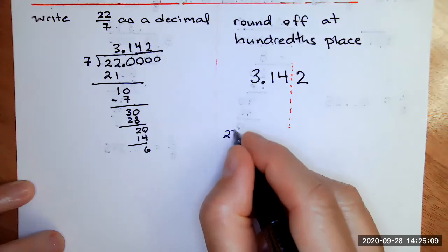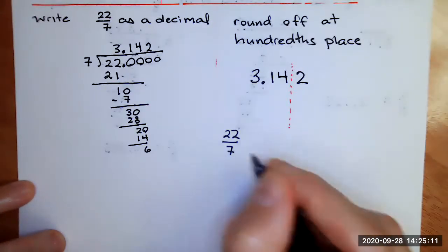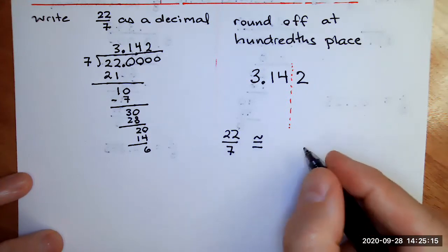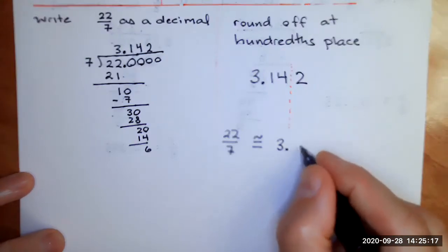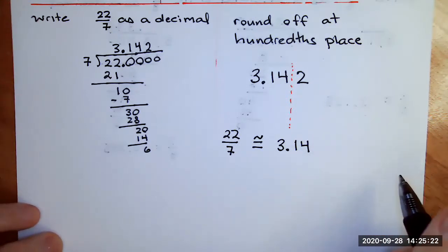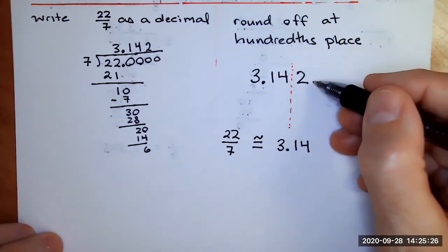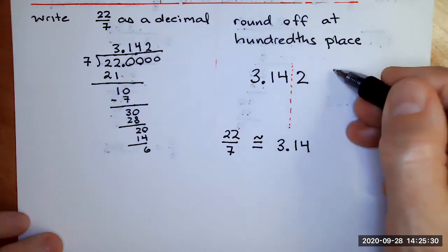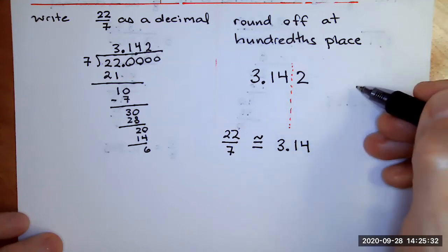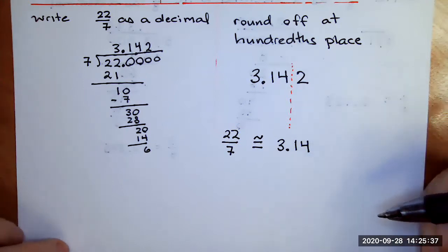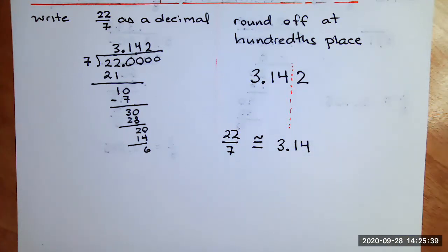So you could say 22 over 7, and I'm going to use the approximately equal sign to let me know that's an estimate. So it's 3.14. If I wanted to know the answer to the 10,000ths place, I would divide to the 100,000ths place. All right.